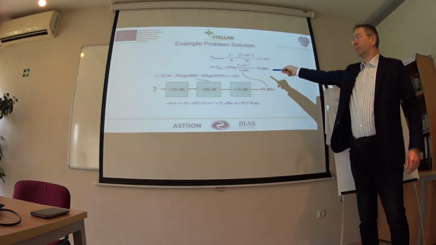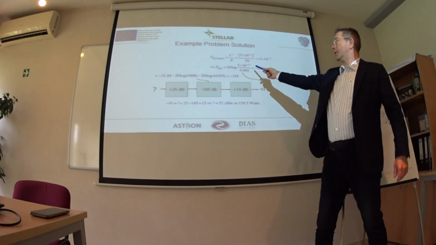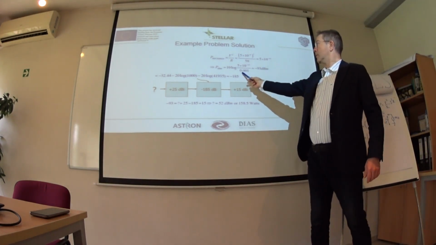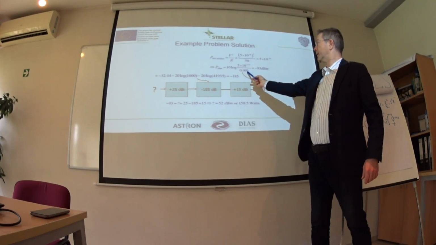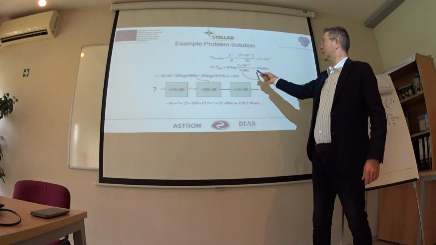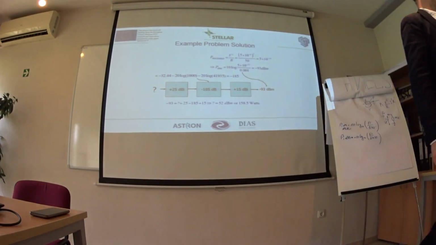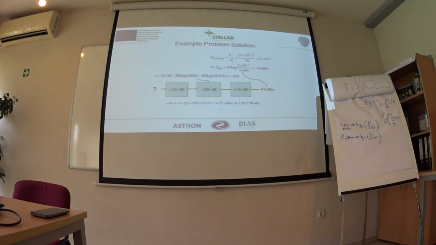And to convert it to dBm, we divide this by 1000, and then take a logarithm, and we get minus 93 dBm must enter the input of the receiver.